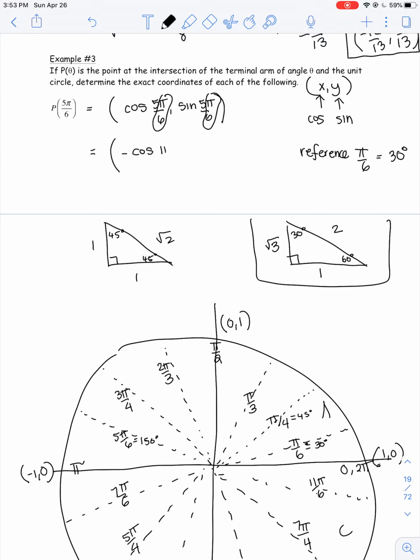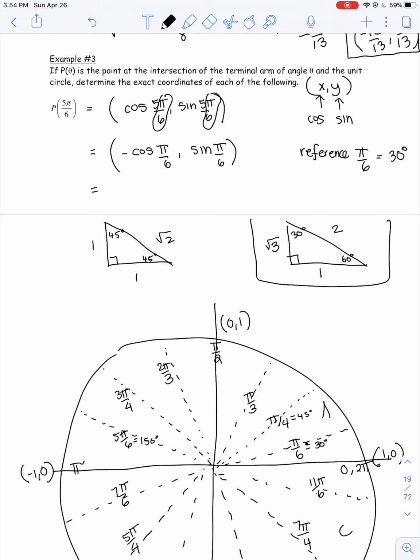That'll make it easier. So I'm using the CAST rule to figure out what sine it is, and then the reference angle, which is 30 degrees. And this one's going to be sine positive because in the second quadrant, sine is positive, and that's going to be equal to sine of pi over 6. So it's going to be a positive answer for that.